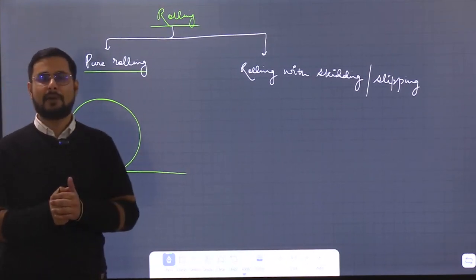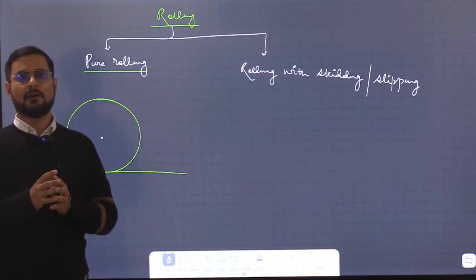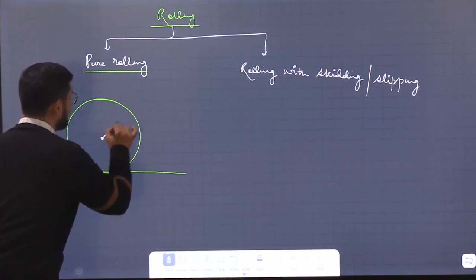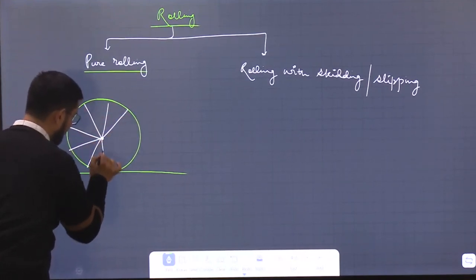Generally, a bicycle has a wheel where a number of spokes come out from the axle of the wheel and terminate on the periphery, right?